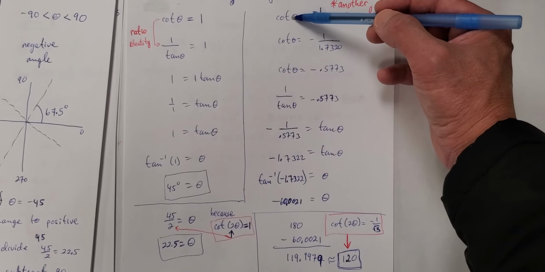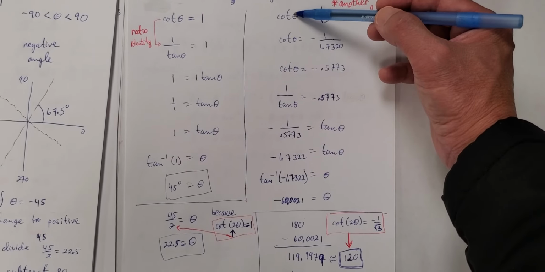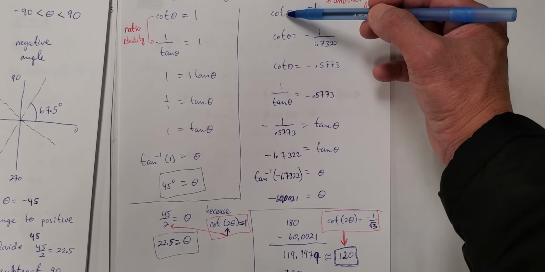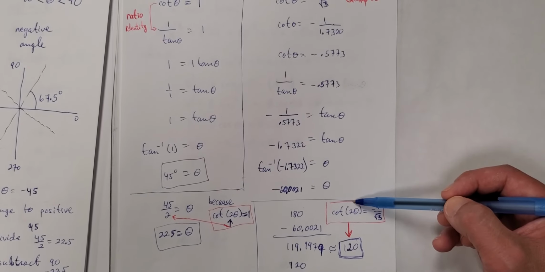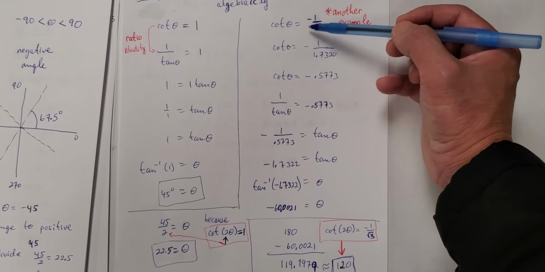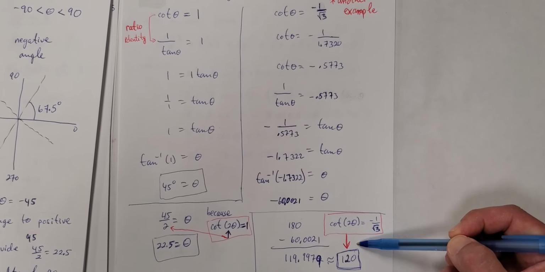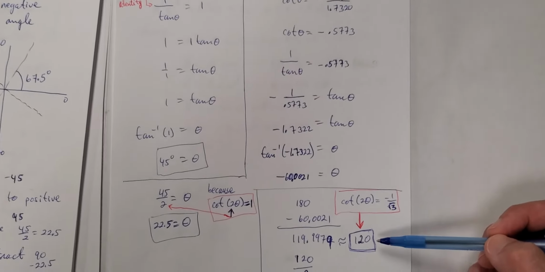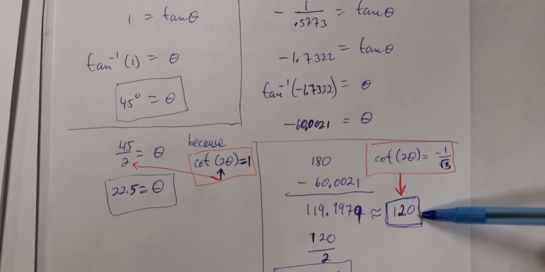Now, why is there no 2 here? I just ignore it; I don't want to put the 2 here. It becomes very distracting. So technically this is this, which comes out to be 120 degrees.